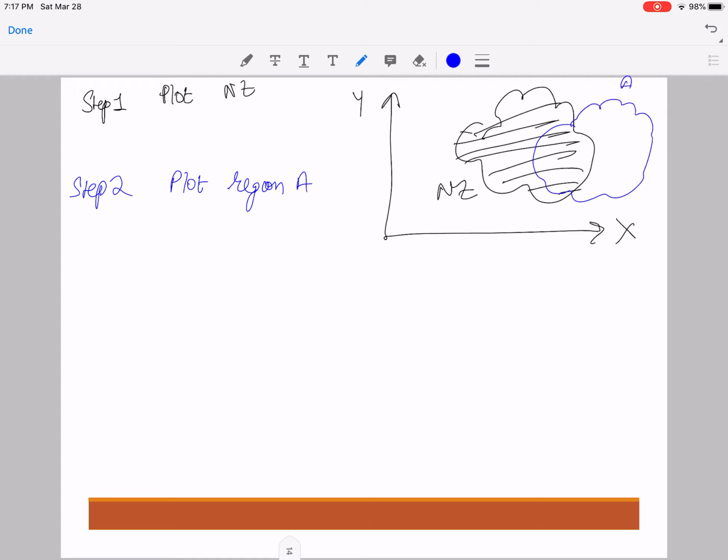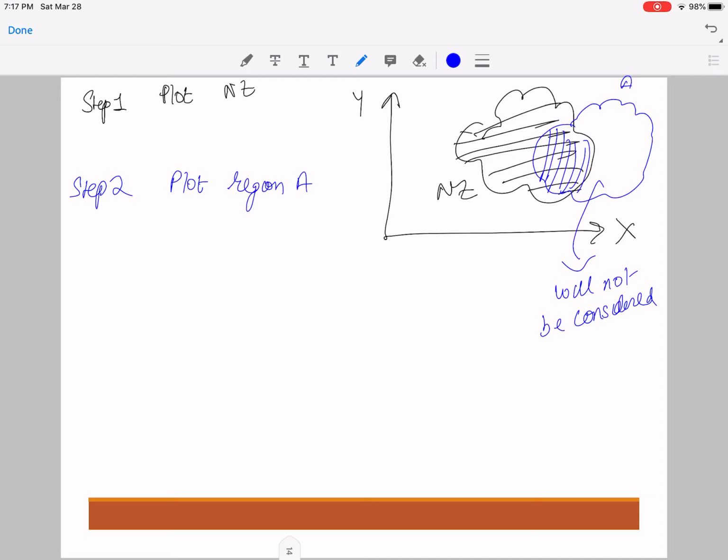In the same step, I will also find the intersection between the region of non-zero probability and event A. Everything that is outside of this intersection will not be considered because your probability density function is 0. Now remember that your probability density function is non-zero only in the region of non-zero probability.